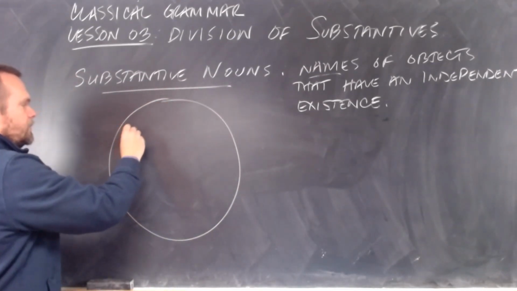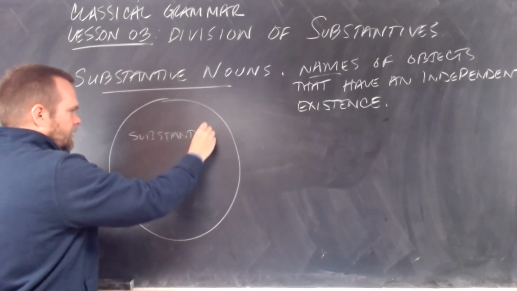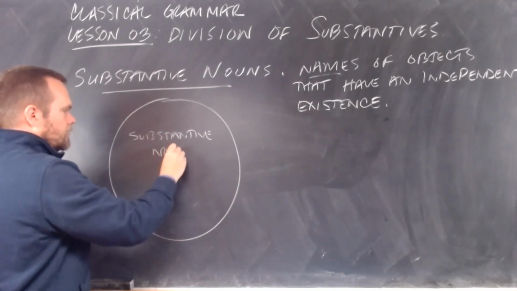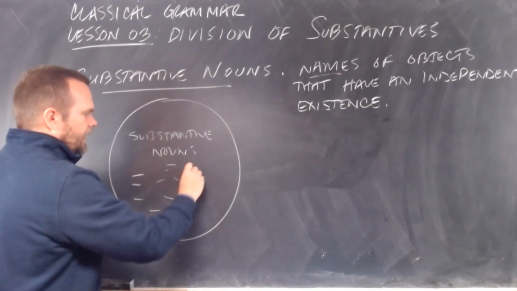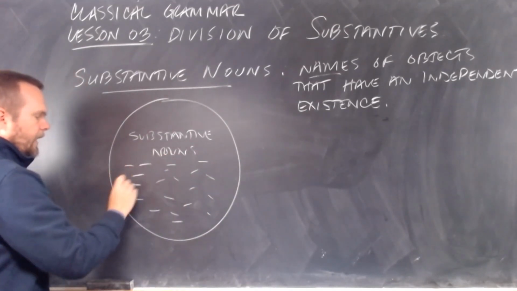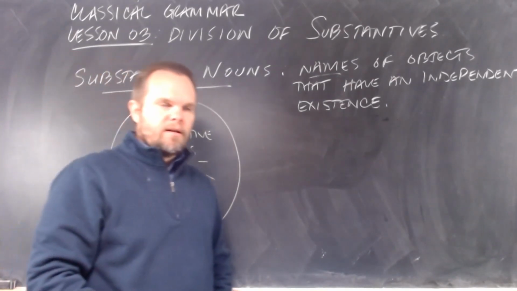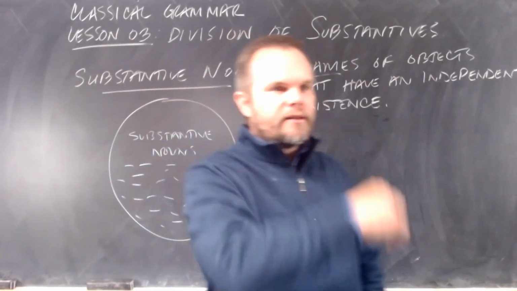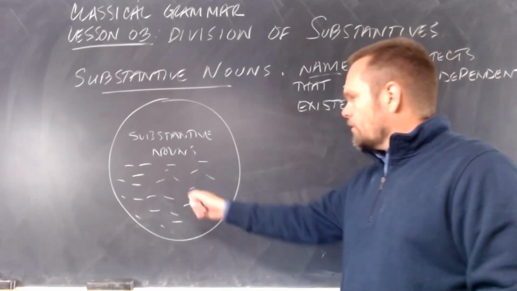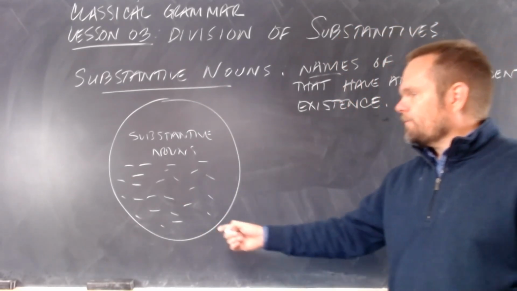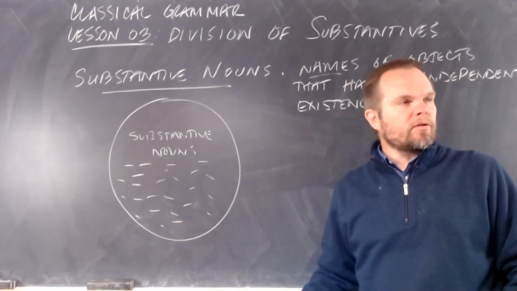If you take substantive nouns as a class of things, and you think of all of the names, thousands and thousands of names that are substantive nouns all together in one big group, and we were to look at that group and say, can we divide these nouns into any smaller groups?